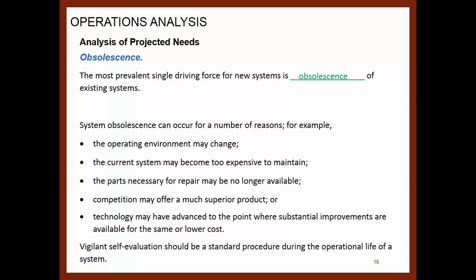When you still have a model that is old, it might get difficult to find the parts. Competition may offer a much superior product. Technology may have advanced to the point where substantial improvements are available for the same or lower cost. So vigilant self-evaluation should be a standard procedure during the operational life of a system.